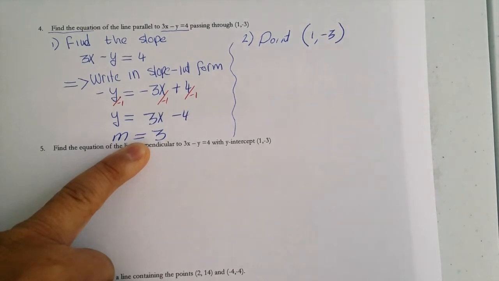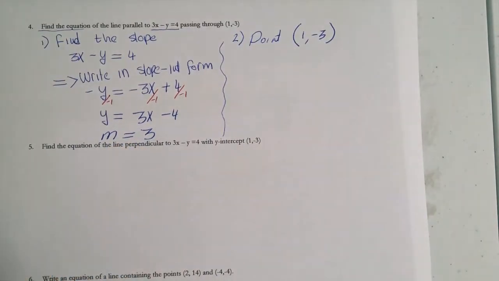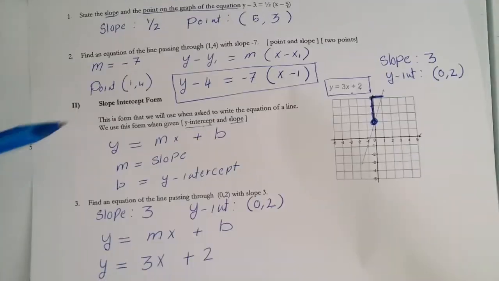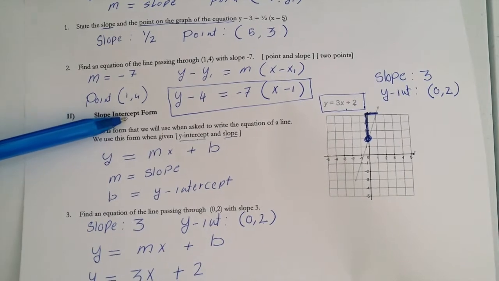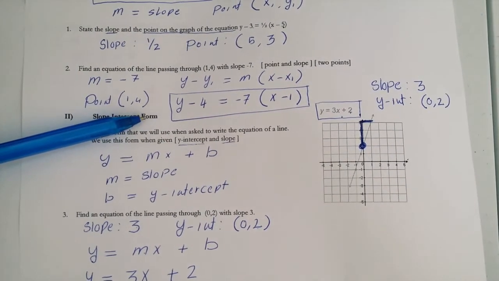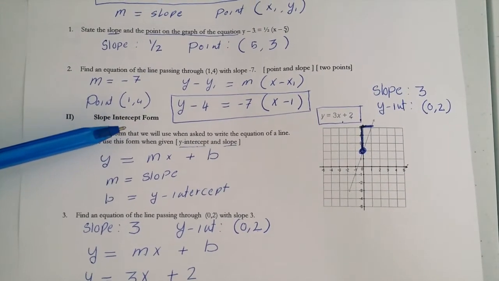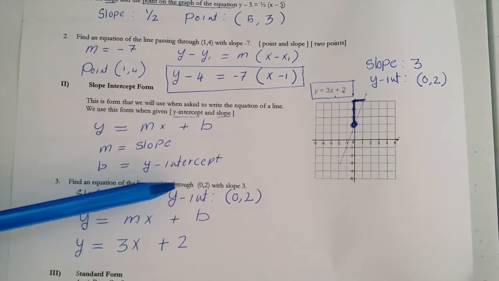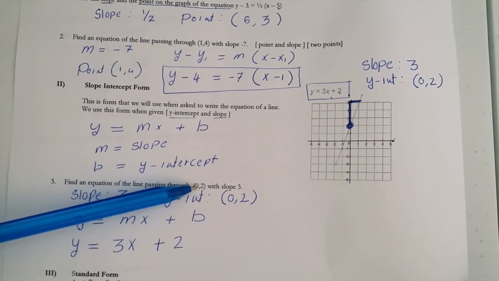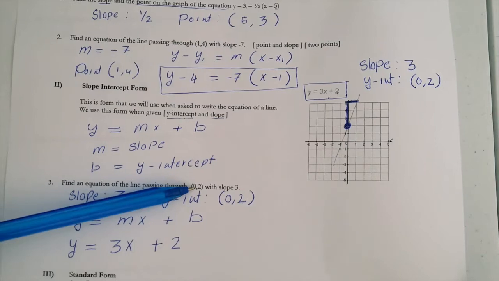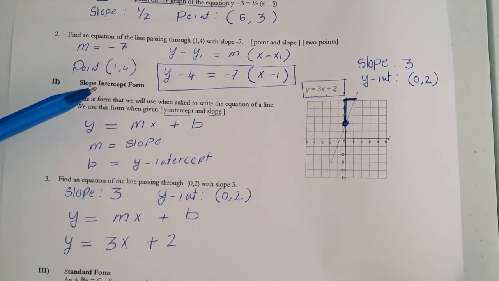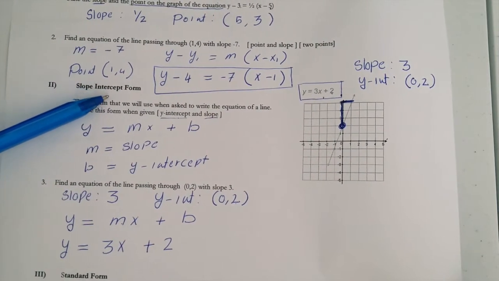The only time that you're going to use slope-intercept form is when you have an intercept. When you have a y-intercept, that's the only time you're going to use slope-intercept form.